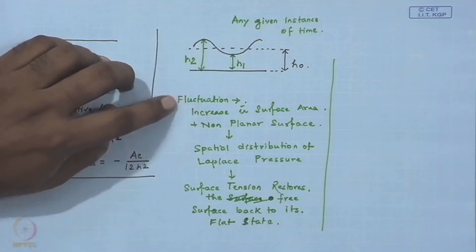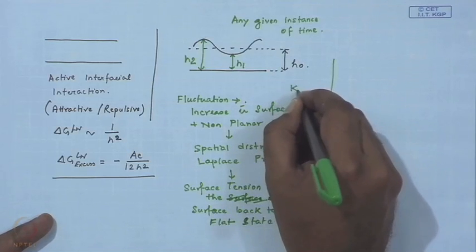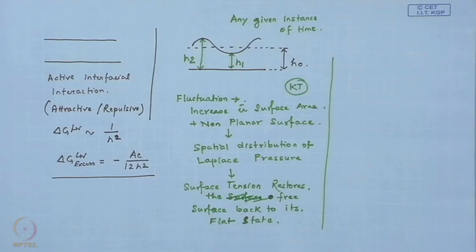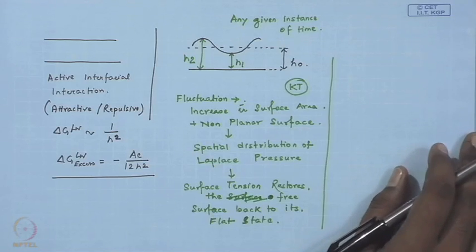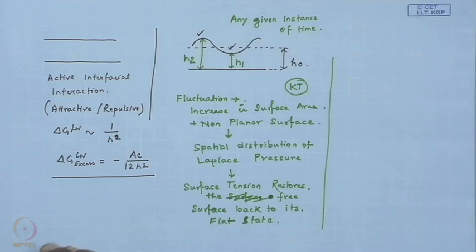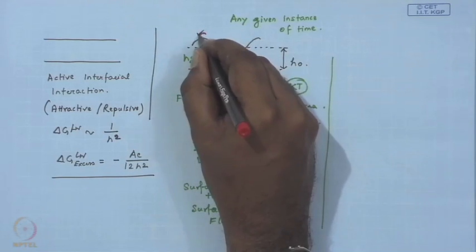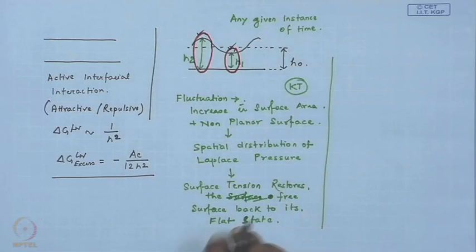However, these were the only force fields that were active. So, the origin of the fluctuation was attributed to the thermal energy or the kT component of energy, and once the fluctuation results, there was nothing that was favoring the fluctuation anymore. The only opposing field was the surface tension induced flow, and it used to flatten out. But now, if you are talking about a thin film, because of the thinness of the system or because of the active interfacial interaction, now there is an additional interaction. And what happens is the magnitude of the intersurface attraction at these two locations is now different.